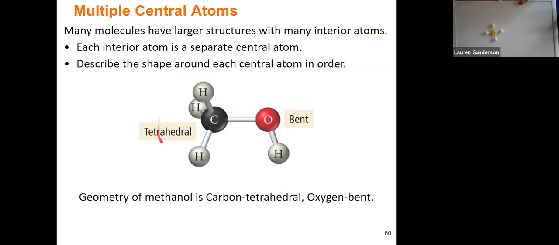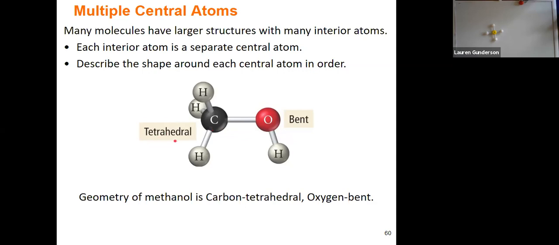Okay, so for example, here we have methanol. The carbon and the oxygen would both be considered interior atoms here because they have terminal atoms attached to them. So we can describe the molecular geometry around the carbon, and then we can separately describe the molecular geometry around the oxygen. If we draw out this Lewis structure, we would see that the carbon has 4 electron groups, and all 4 of them are bonding groups.